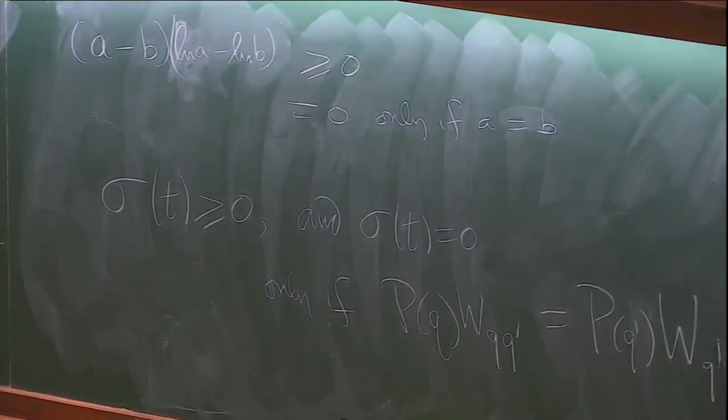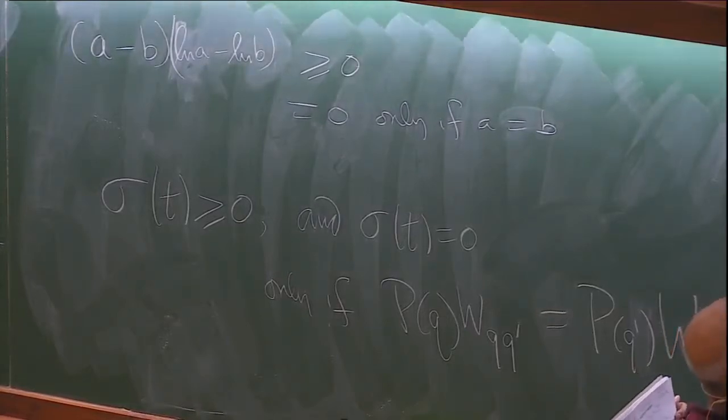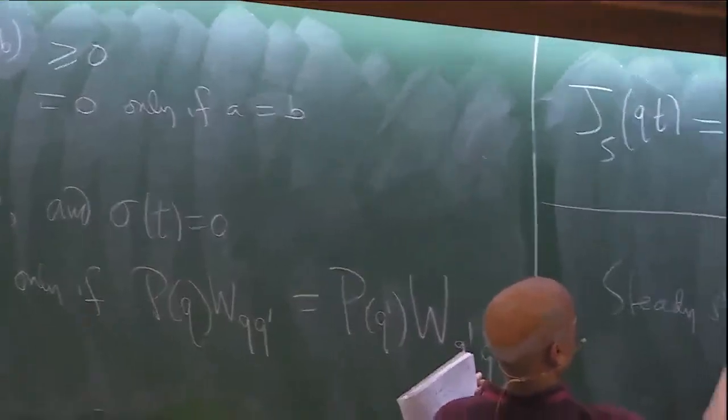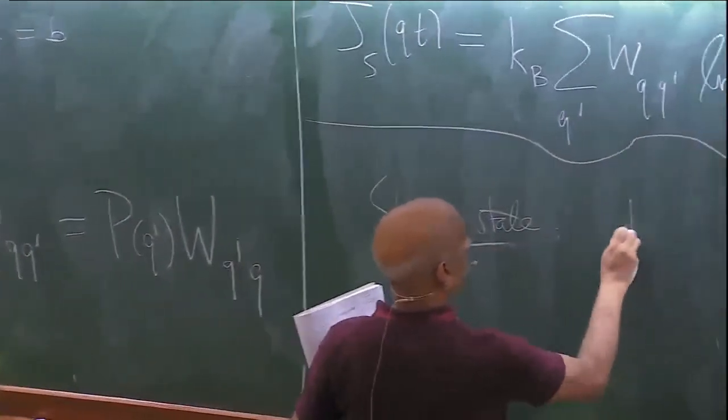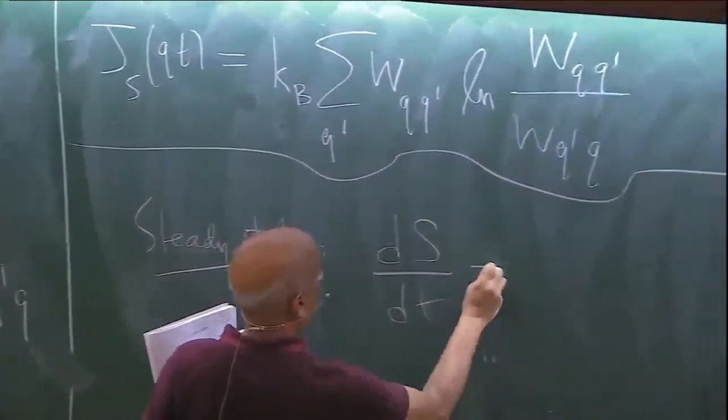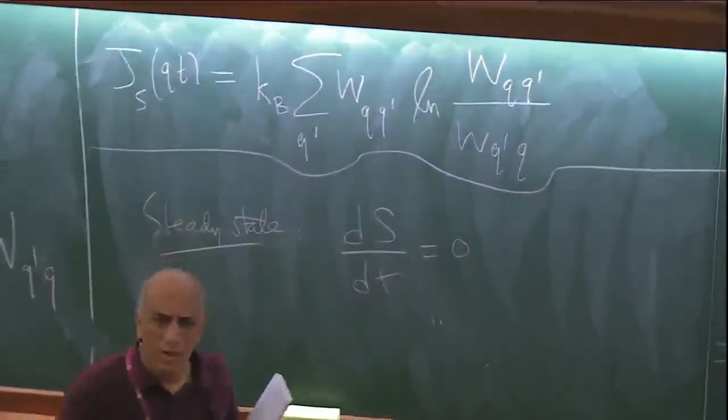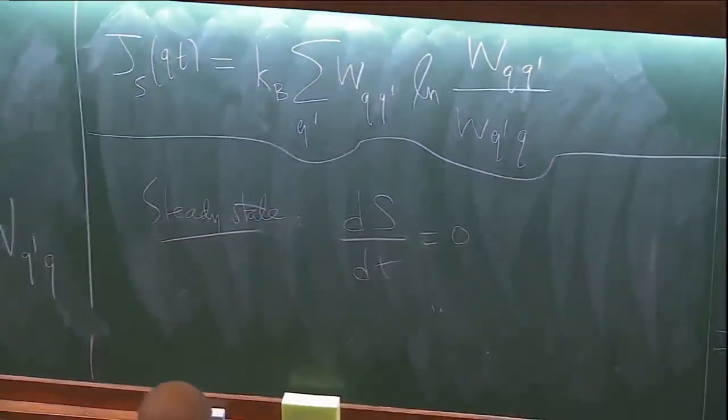Note that even for a stationary state, ds by dt, that quantity we started with, is 0. So what must be happening in a steady state in general? So let's now discuss steady states. The reason ds by dt equals 0 is that s depends on the probability distribution p of q and t.